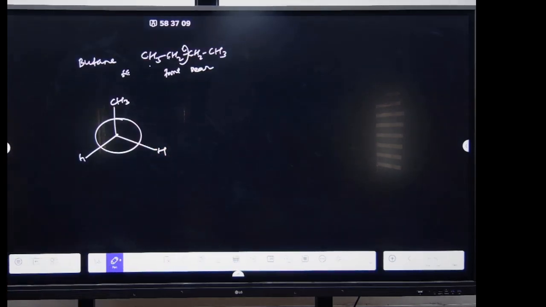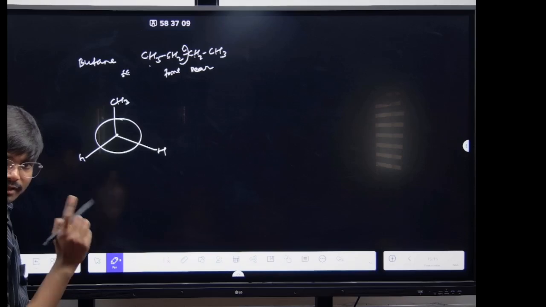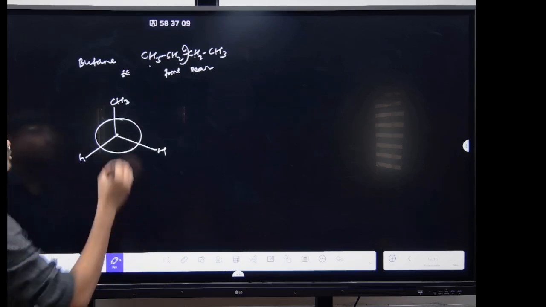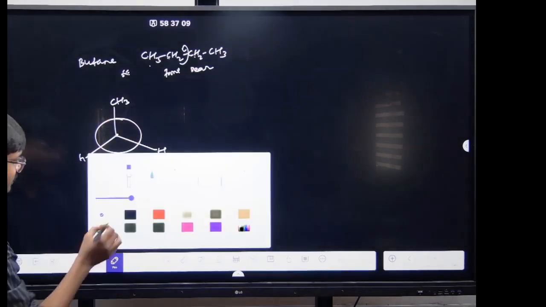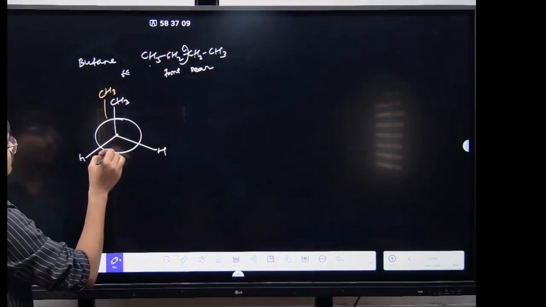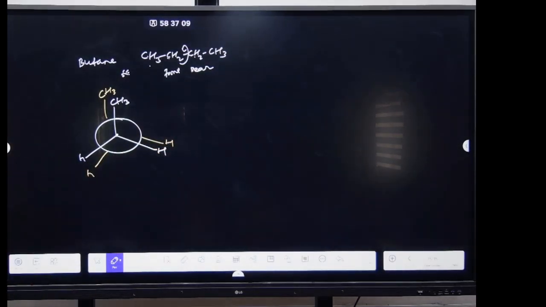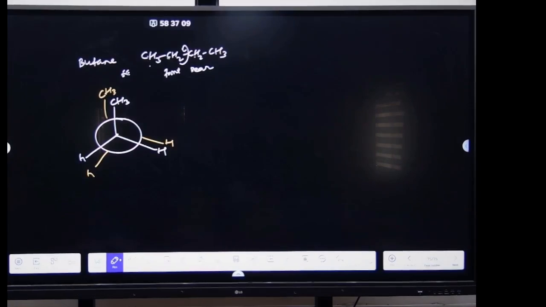Again, this rear carbon is attached with the methyl one and the two hydrogens. I can draw this also like this. You have the CH3, the hydrogen, and the hydrogen. Got it? Understood? Any problem?